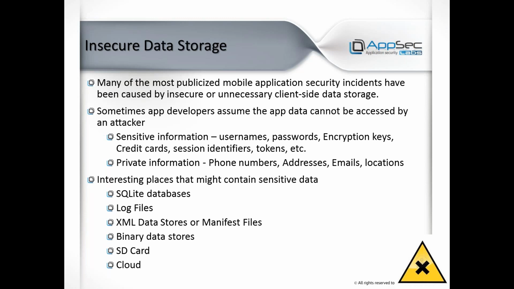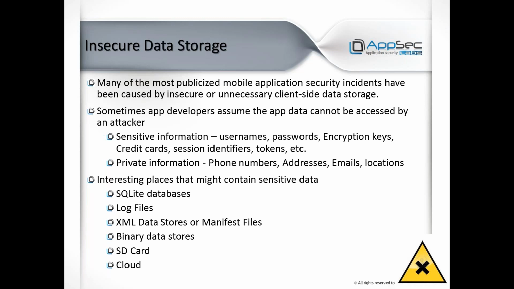Also, mobile applications tend to have less authentication burden on the user. Compared to an equivalent web app, many times the application is doing an auto login. You're not required to do a login when you're using the app.